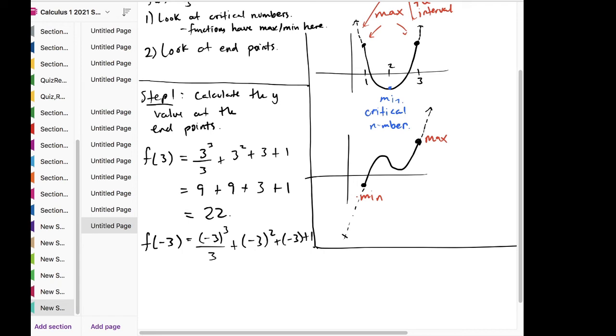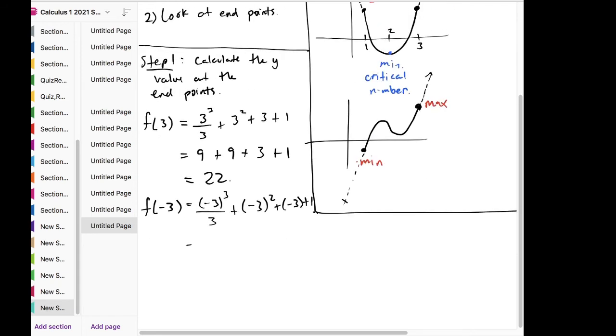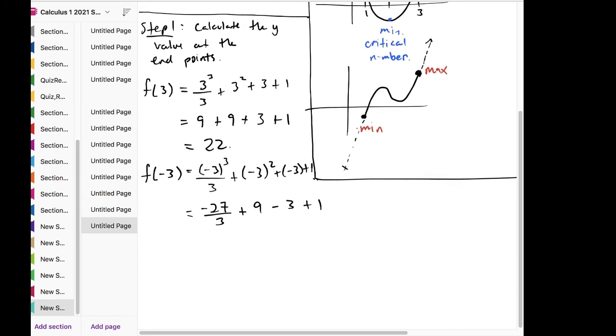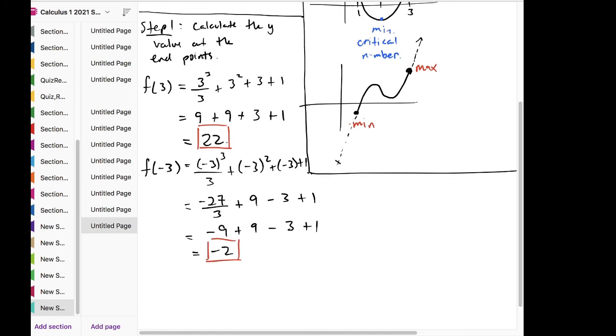Yep, negative 27. What's negative 3 squared? 9. Yep, just gotta remember those cube tricks. So this is negative 9 plus 9 minus 3 plus 1. So that's negative 2. Now we save these, and these are candidates for the max and min values.